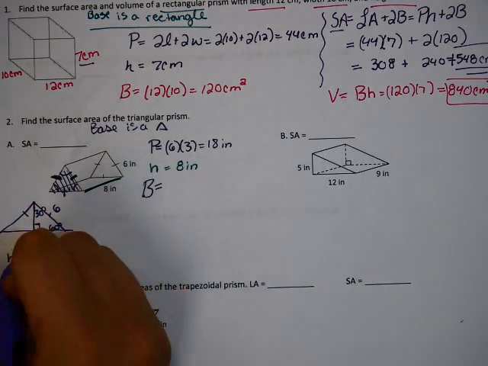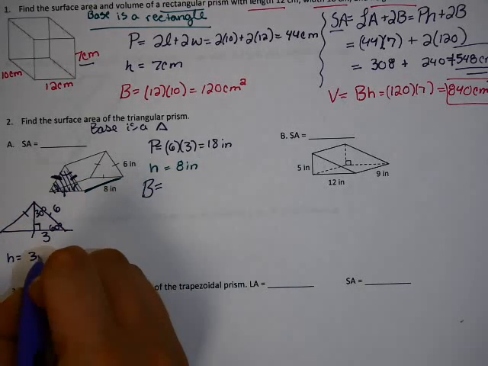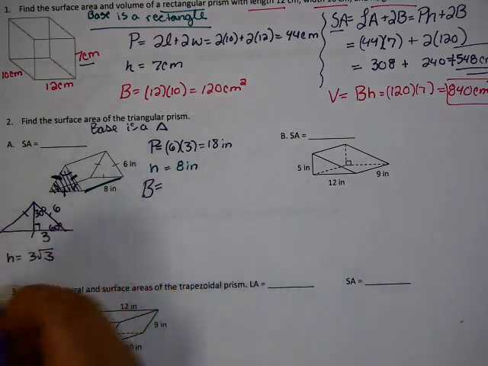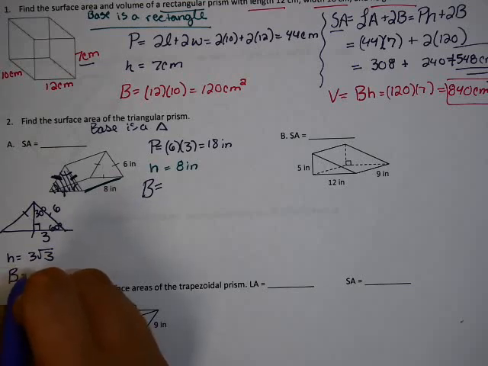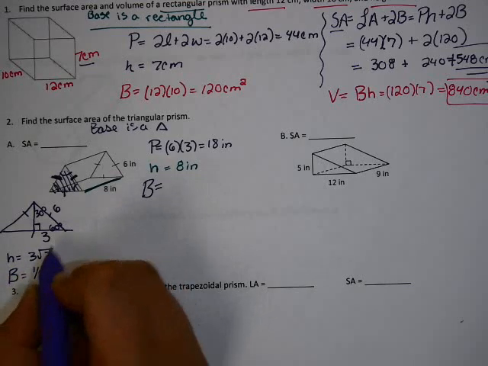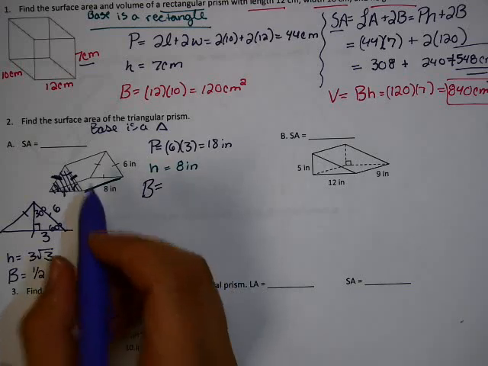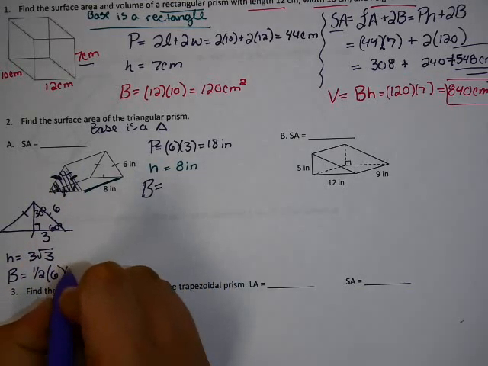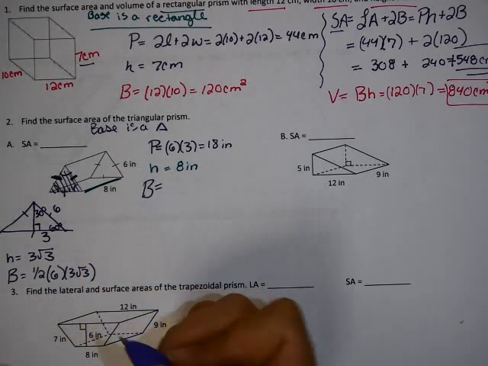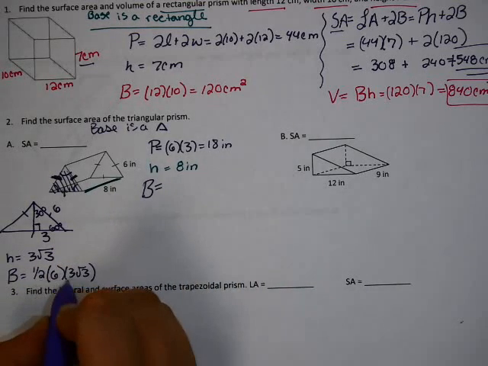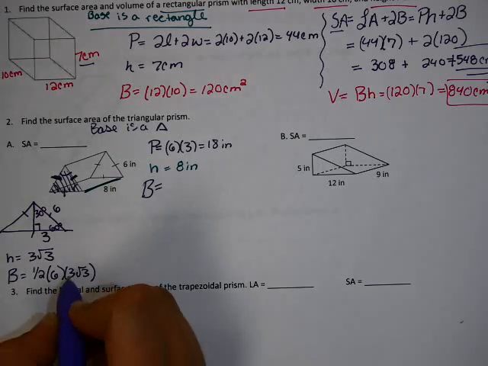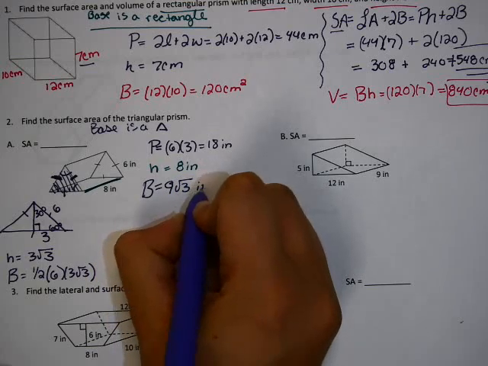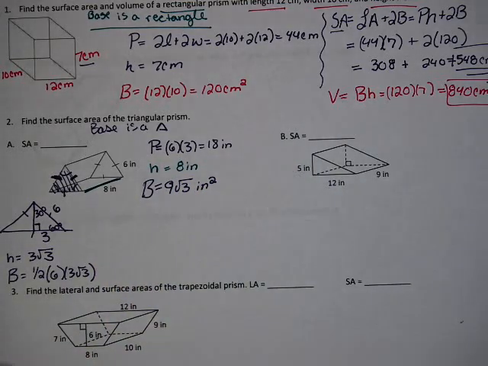That means my height would be 3 square roots of 3. So to find the area of the base, I'm going to take 1/2 of the base times the height. So 1/2 of 6 times 3 square roots of 3. Okay, and that gives me 3 times 6 is 18. Half of 18 is 9, so 9 square roots of 3 inches squared.